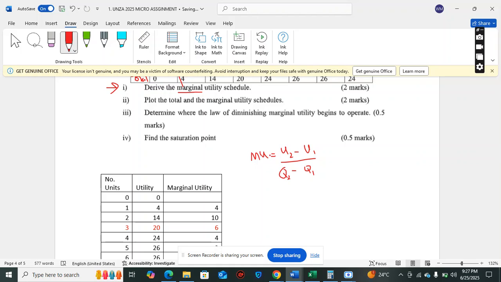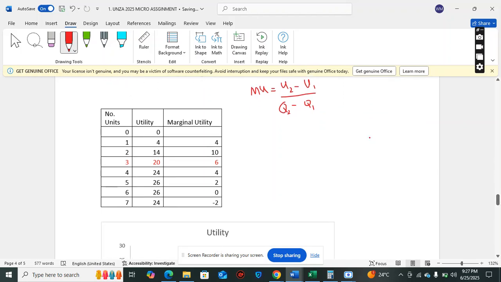Okay, so you have to put your table like this. Put your number of units here: 0, 1, 2, 3, 4, 5, 6, 7. Then you got your utilities here: 0, 4, 14, 20, 24, 26, 26, 24. So we need to get our marginal utilities. Here's the short way of getting our marginal utilities.